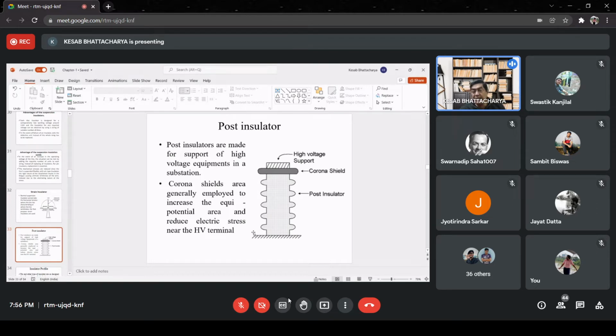And if we can avoid crowding of electric field lines around any point, then what will happen? The chance of ionization of air around that particular point will be reduced. In order to avoid the commencement of ionization of air, that is the reason why a corona shield is actually used. Do you understand this process?